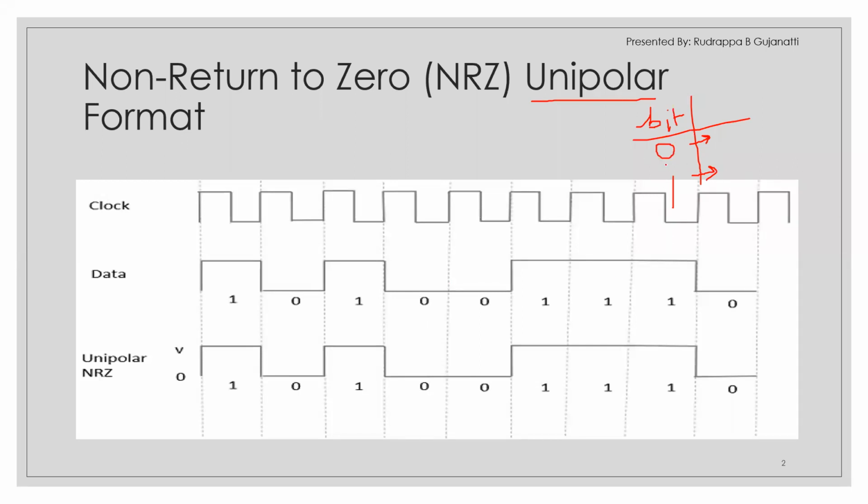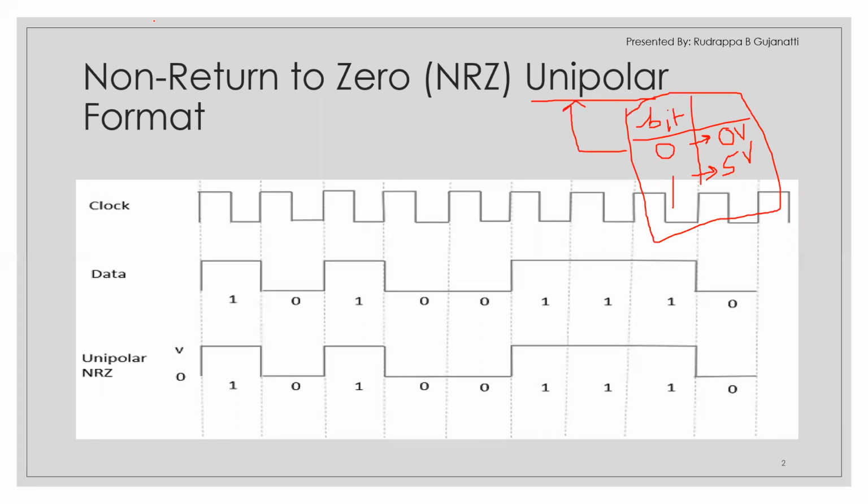Here 0 is represented with 0 volt and 1 is represented with the higher voltage. Let us take an example where the higher voltage is 5 volts. So I will be representing logic 1, or bit 1, with 5 volts. This is the logic I will be using in order to represent the unipolar format.